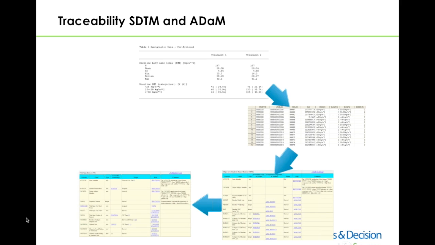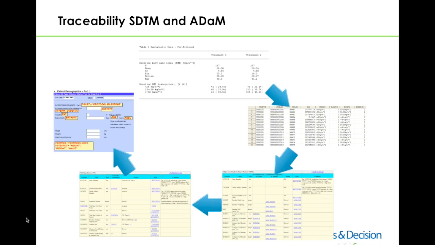And this can be linked back to a define.xml that was made for SDTM datasets, which in turn can be linked back to your annotated CRF. So you'll see that you have complete traceability between the point at which the data was collected on your CRF all the way to the tables, figures, and listings you are creating based on that data.